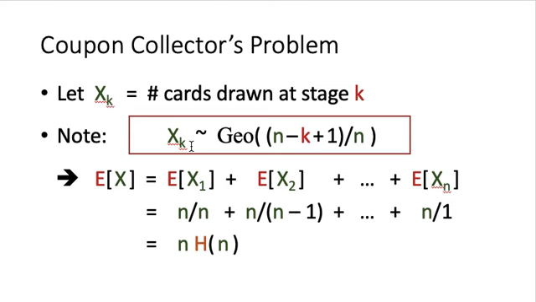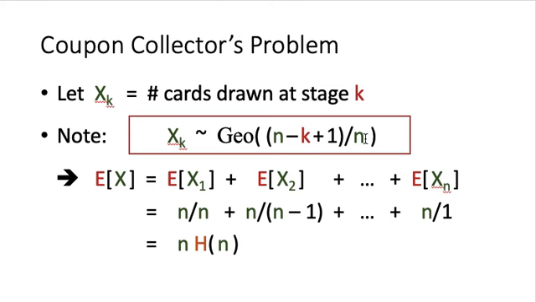So for stage 2, we flip the coin until we get a success, and the success probability of each flip is (n-1)/n. In general, X_k is a geometric random variable with success probability (n-k+1)/n.